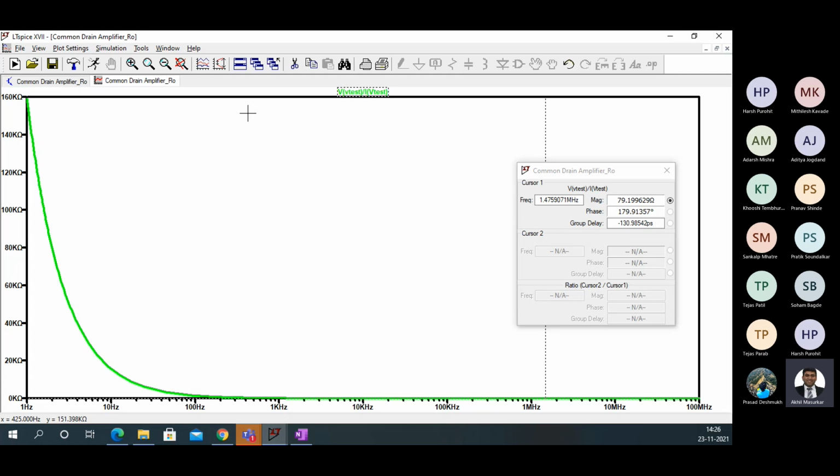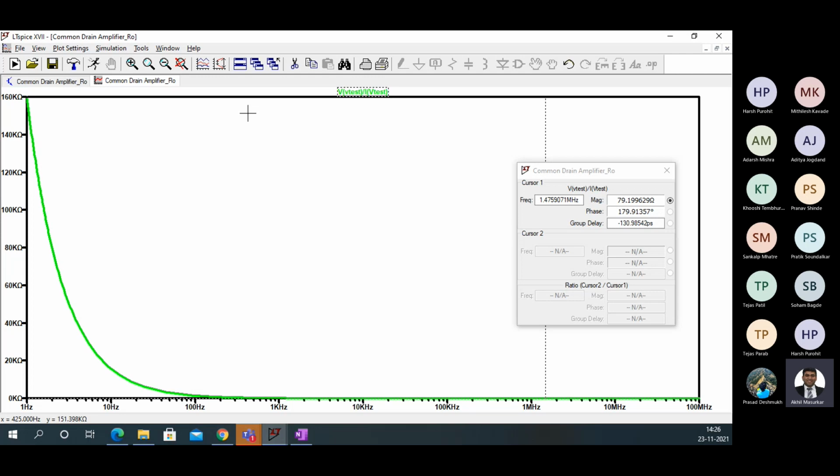So that is the main role of the common drain amplifier, that is to match the impedance with the actual load. If you try to connect a speaker directly to an amplifier, you will not see an amplified sound, because though you are generating the power, your output impedance is not matched to the impedance of the speaker.